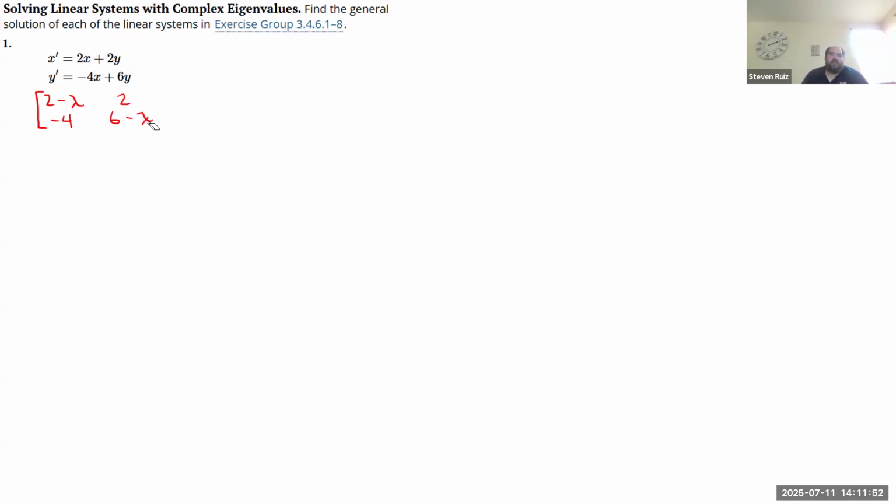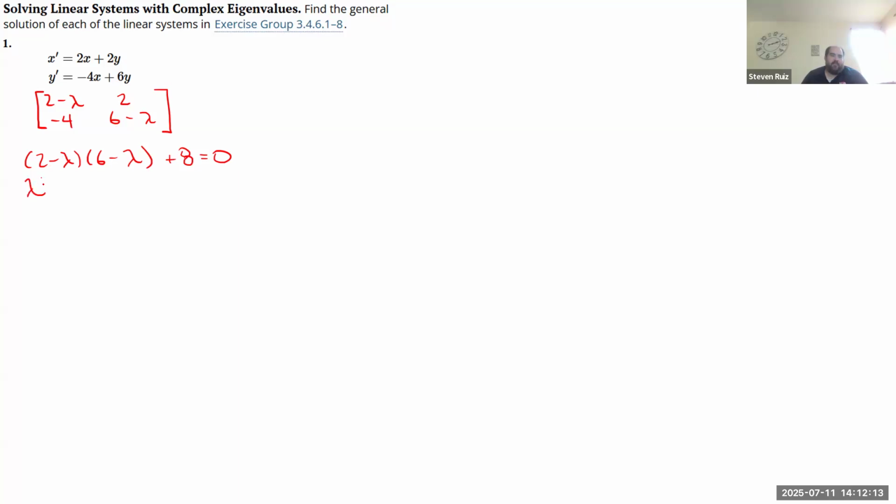So still set up the characteristic equation, A minus lambda I, as you would. Find its determinant and set that equal to 0. So (2 minus lambda)(6 minus lambda) minus negative 8, so plus 8 equals 0.